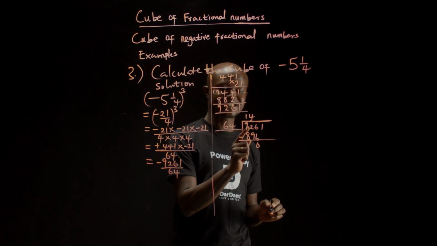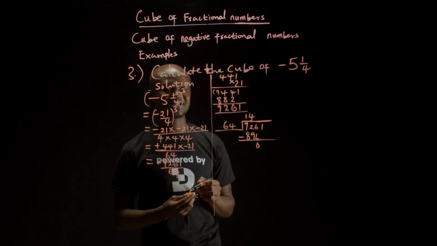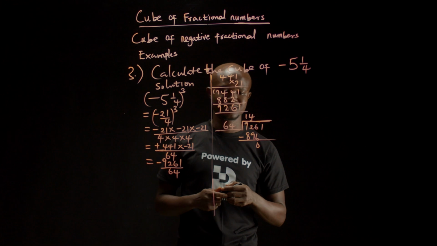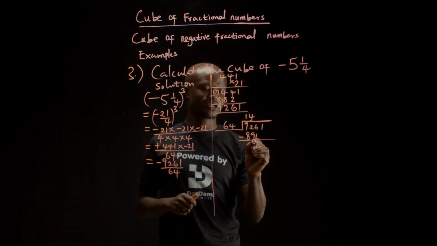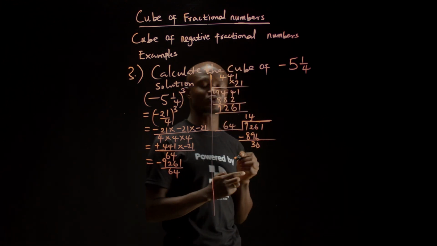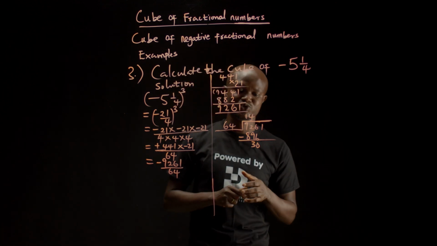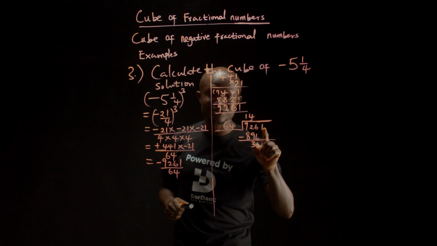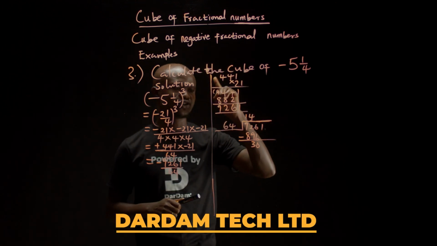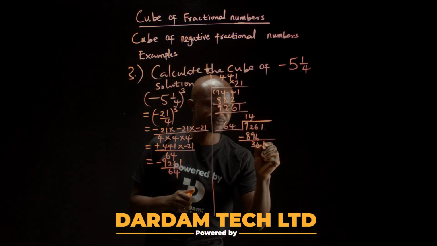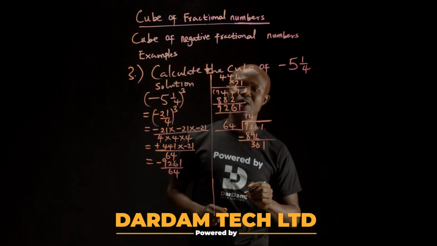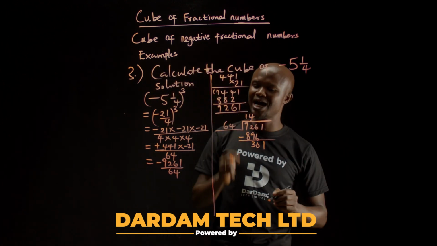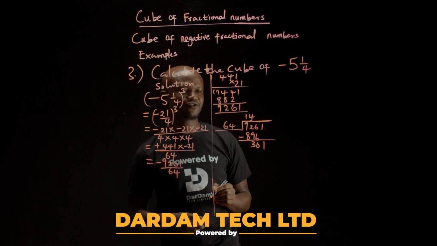Then 92 minus 89 gives 3. So 926 minus 896 gives us 30. We have not used the last digit 1, the only digit we did not use, so we bring it down. So we have 301.